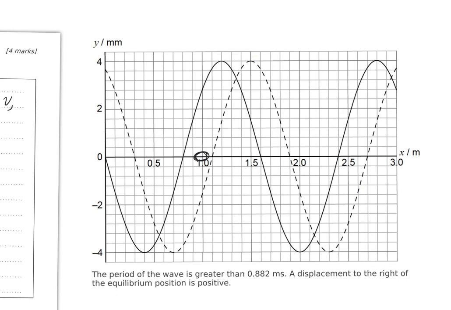And I see that the 0.882 millisecond curve meets 1 meter at that point right there, which on the vertical axis gives me a displacement of about negative 1.5 millimeters. I'm going to need that in my formula.